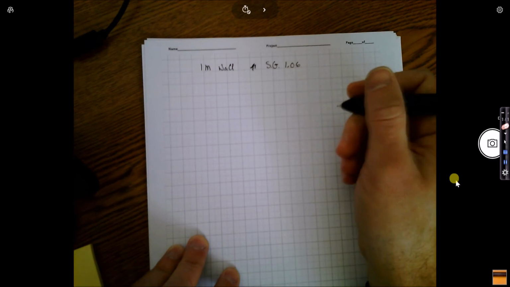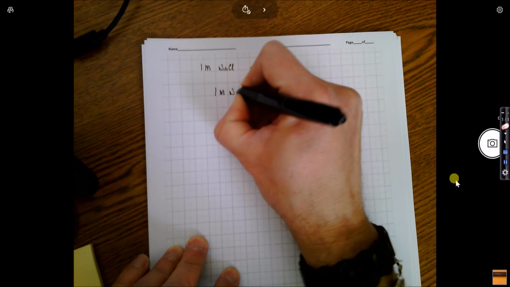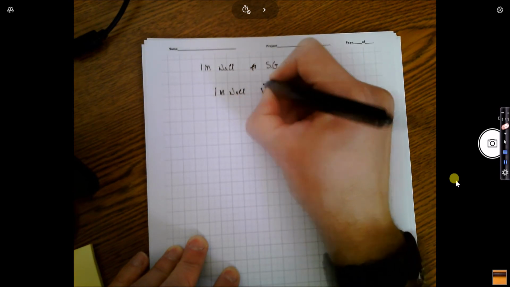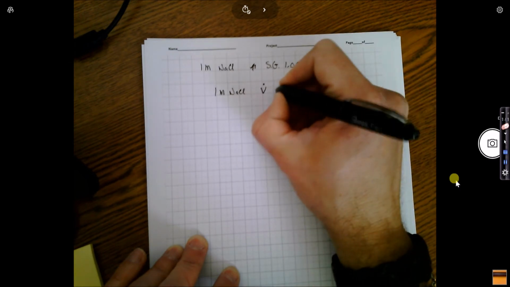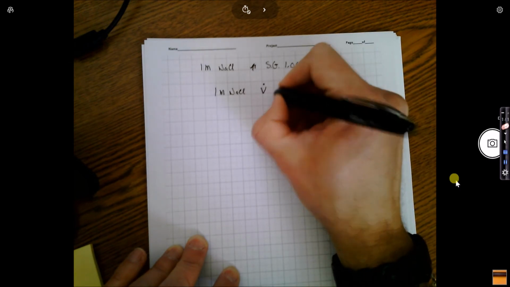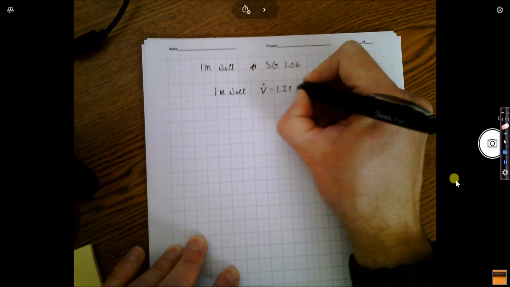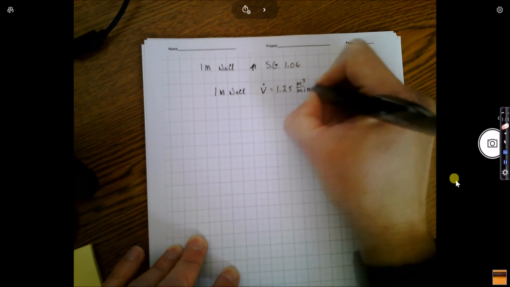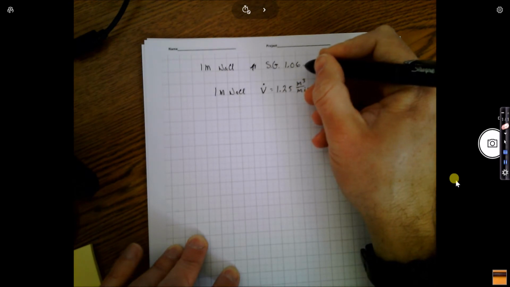So let's say we have this 1 molar solution, and it's flowing with a volumetric flow rate. Let's do 1.25 meters cubed per minute. And we know the specific gravity is 1.06, correct?